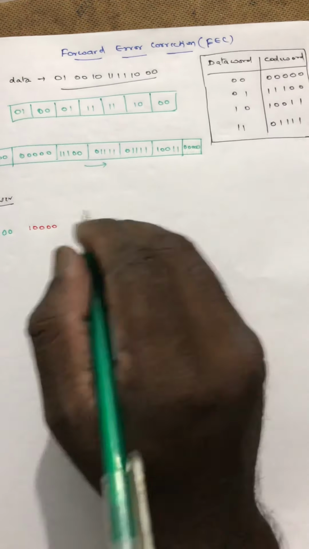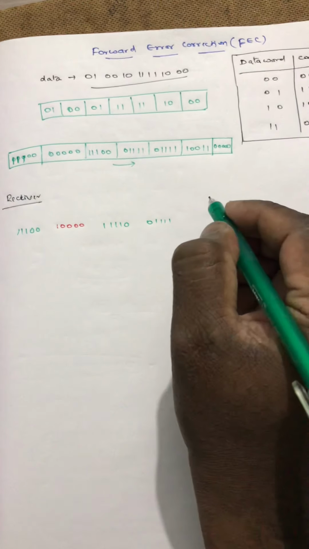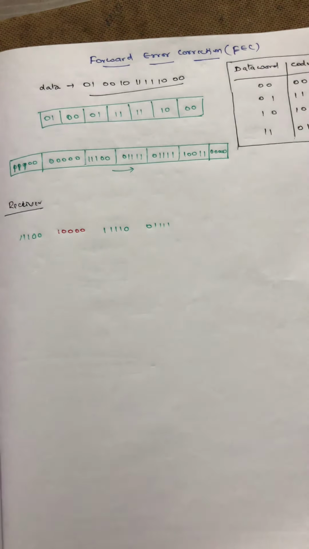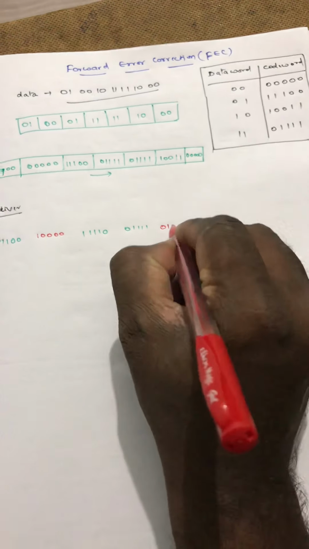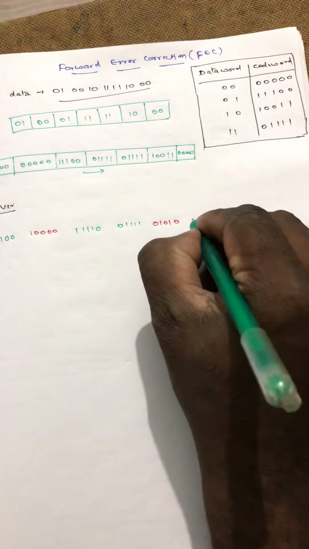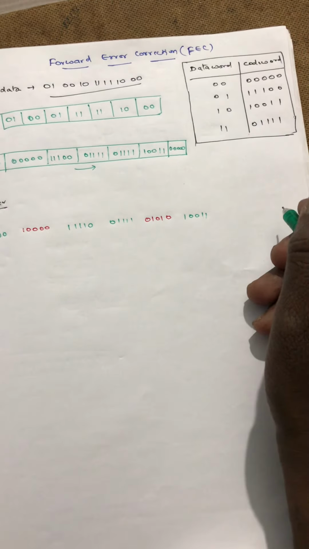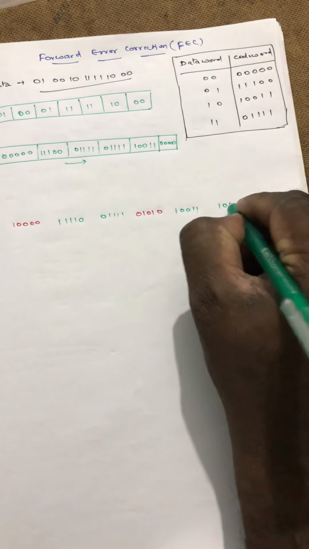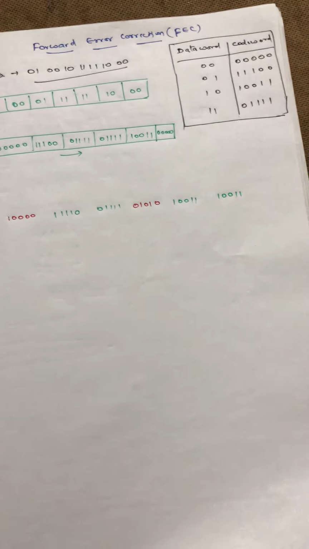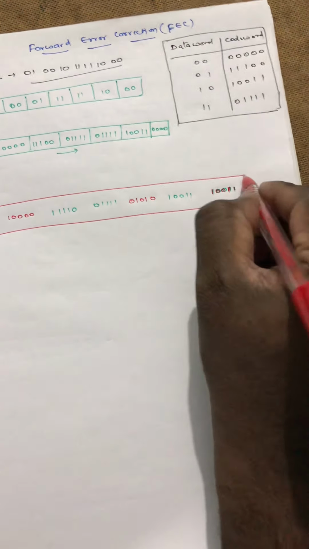Fourth, which is position 4, okay, so that is 0 all ones, and fifth position, which is 0 1 0 1 0. Sixth position, which is 1 0 0 1 1, and seventh position, which is 1 0 0 1 1. Assume that this also is 1 0 0 1 1. Okay, now this is a frame which I have received after transmission.